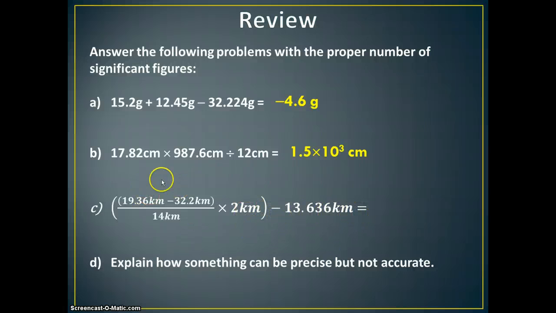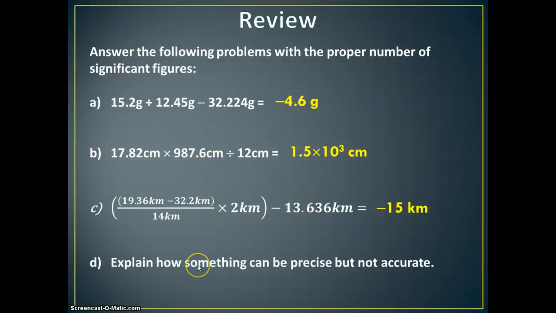In doing all that, I'll track the significant figures allowed at each step. Applying to my final answer, I'll find out that I'm only allowed to have whole numbers, because the result of this part of the equation will be a whole number. So when I subtract something from that whole number, my precision is set. I can't be any more precise than a whole number. And so I'll report back the nearest whole number, which is negative 15.